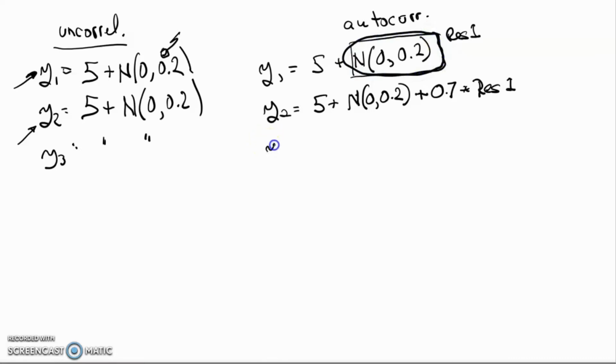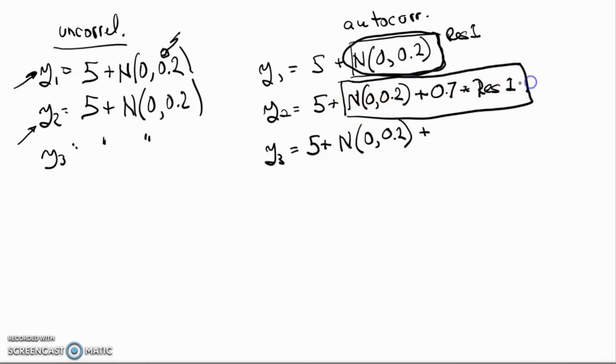And then I'm going to make y3. I start off with the expected value of 5, add to it a random bit from a population that's normally distributed mean 0, standard deviation 0.2, and then I'm going to consider this whole thing here to be residual 2, and add to it 0.7 times residual 2.